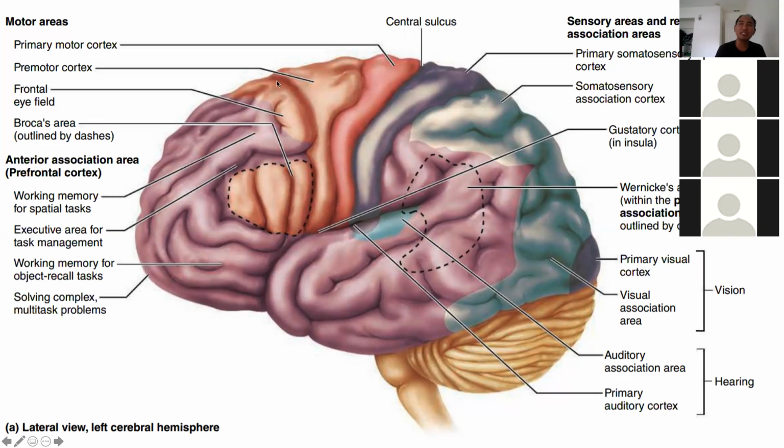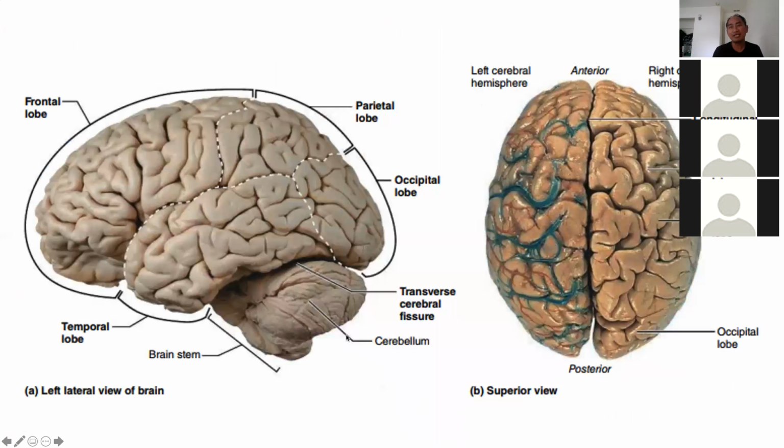Anything in front of the central sulcus is called the frontal lobe, and anything posterior to the central sulcus is called parietal lobe. And here we will have the occipital lobe, and this is the temporal lobe of the brain. So frontal lobe, parietal lobe, occipital lobe, temporal lobe of the cerebrum, and this is the cerebellum, and this is the brainstem.